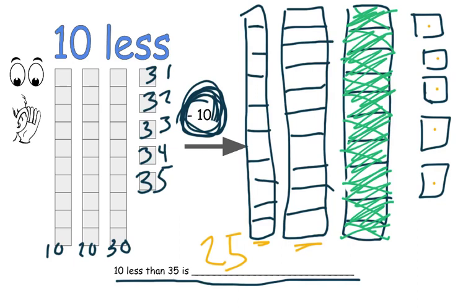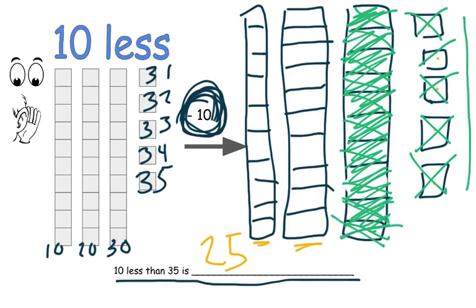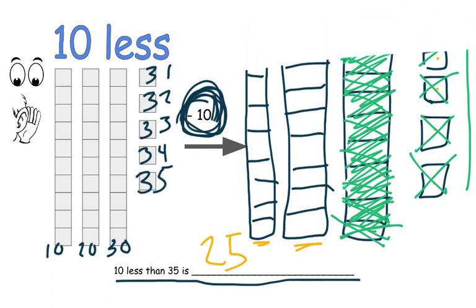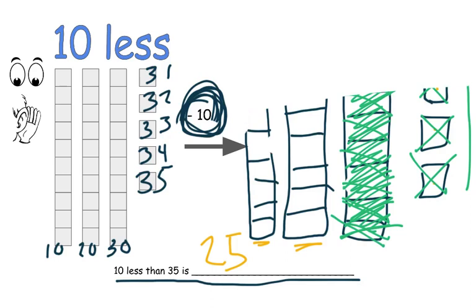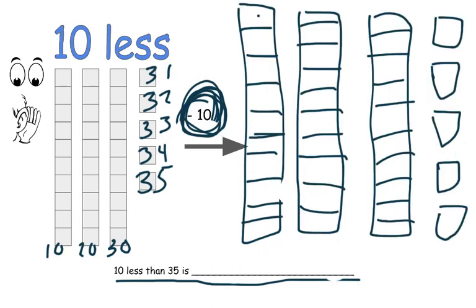If you were to start by taking away the ones instead, that's okay. Then if you just don't have enough ones, you would go to the next 10 and start taking away. I can show you that. Okay, so remember, I took away a whole 10 because that's what we were taking away. It says take away 10. So I knew that we could just take away one whole stick. But sometimes it may say take away 7 or 2.